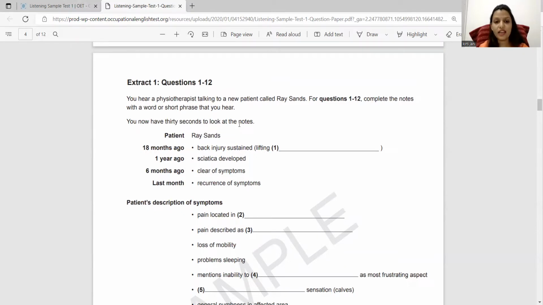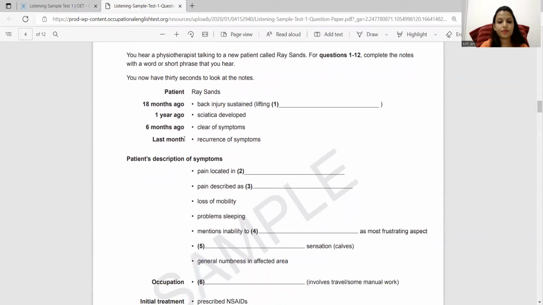You need to understand that there are two people, it is a dialogue, and it is between a physiotherapist and a patient. There will generally be a specialist, not a general physician. So identify what the specialty is, and accordingly, you can predict the answers.